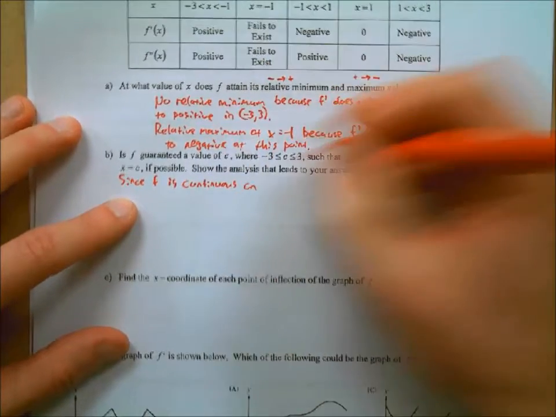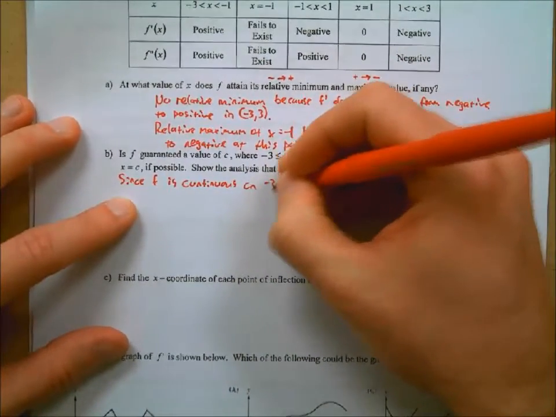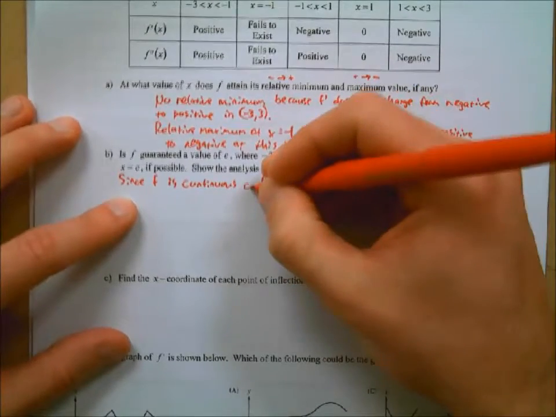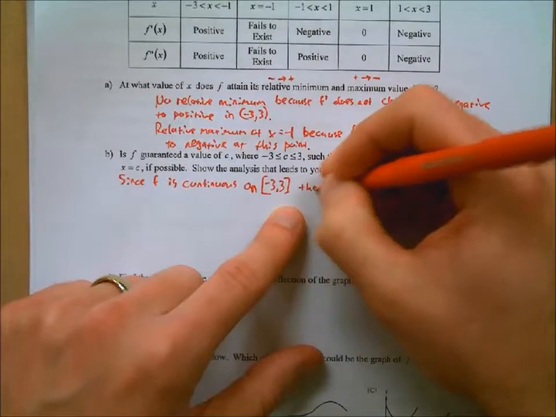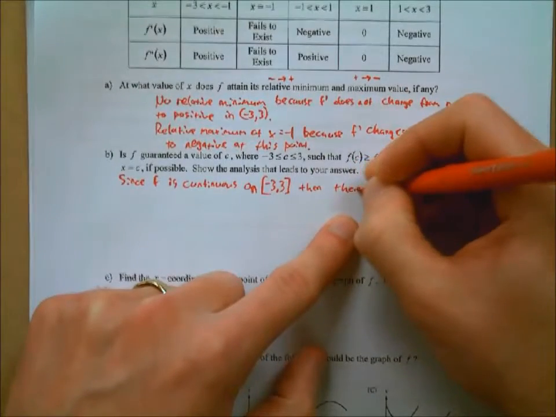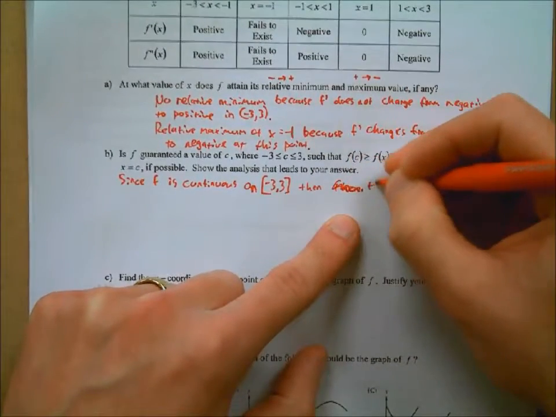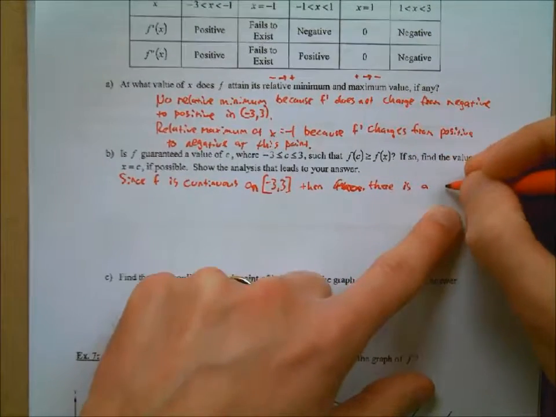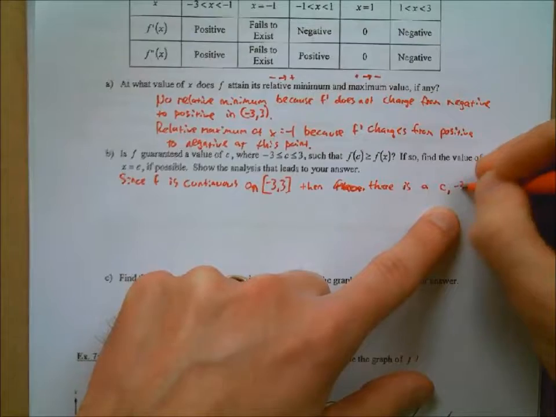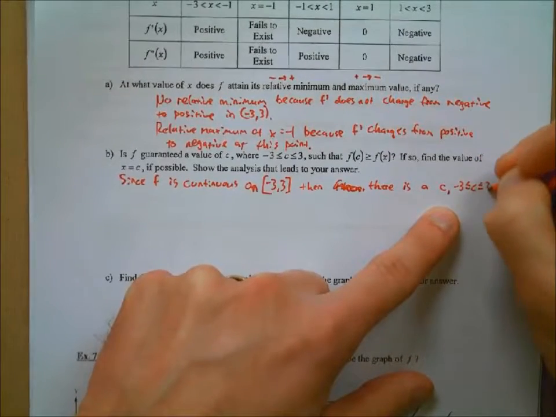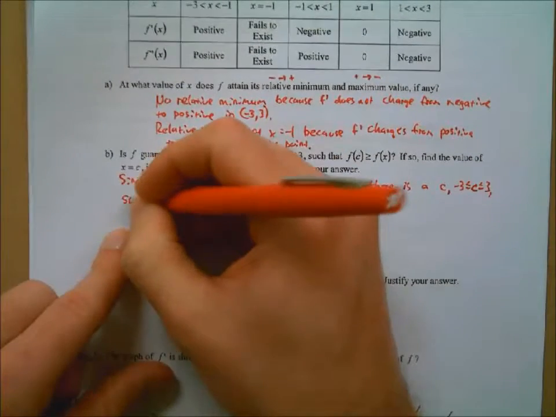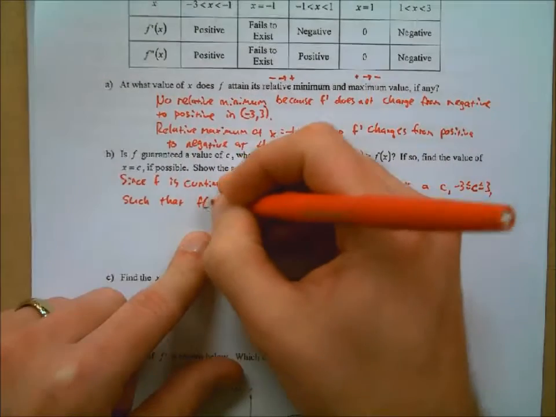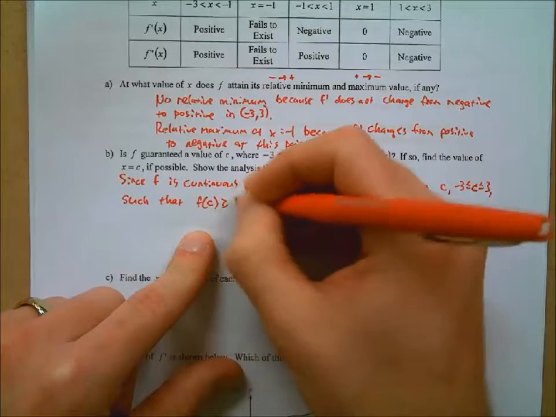All right, so since f is continuous on negative 3 to 3, then there is a c, negative 3 less than or equal to c less than or equal to 3, such that f of c is greater than or equal to f of x. Okay?